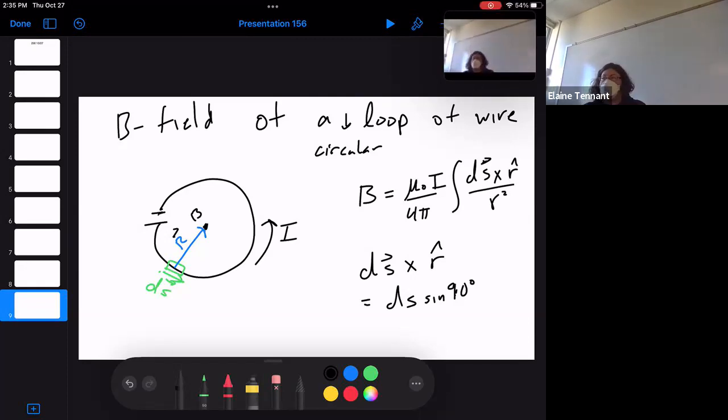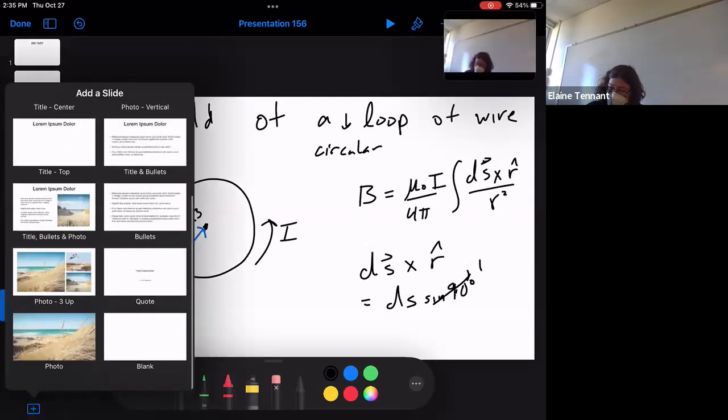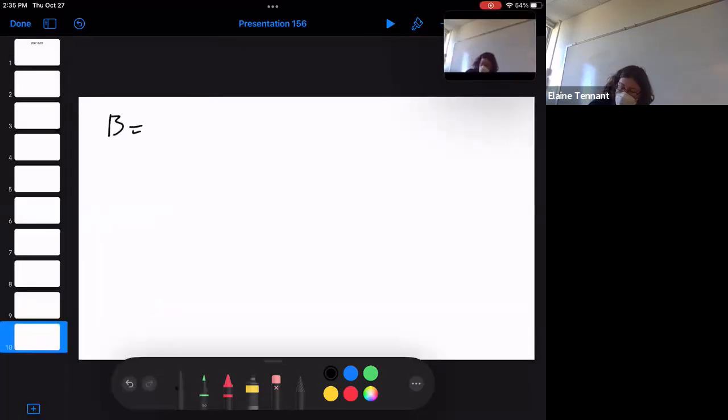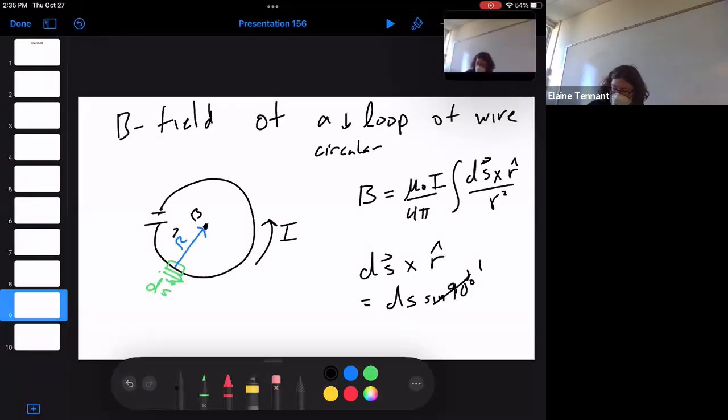Sine of 90? 1, perfect. Okay, so this integral is already starting off very nicely. Mu naught I over 4 pi, ds over r squared.